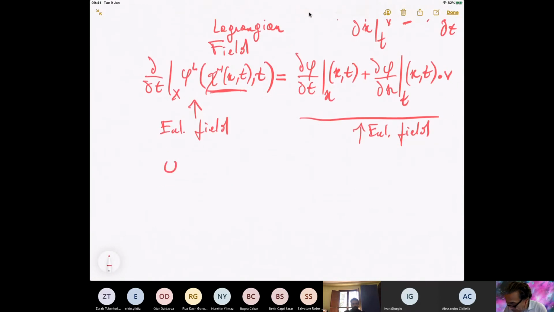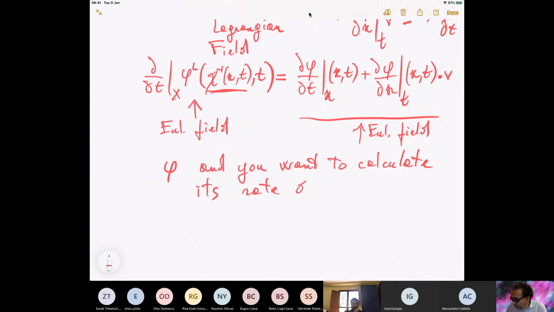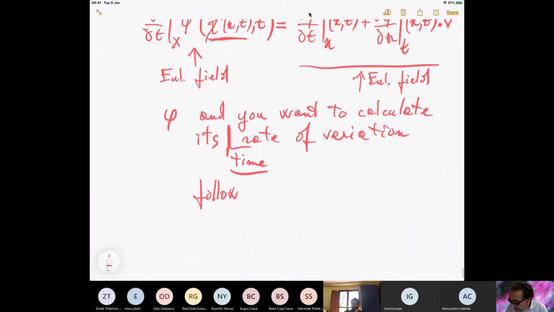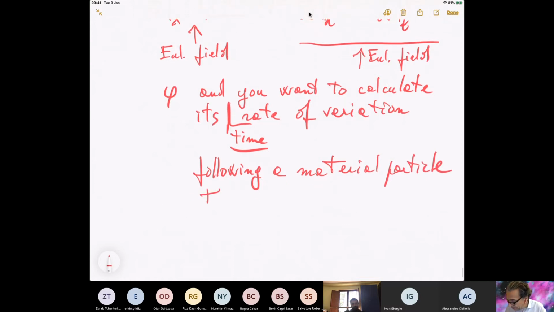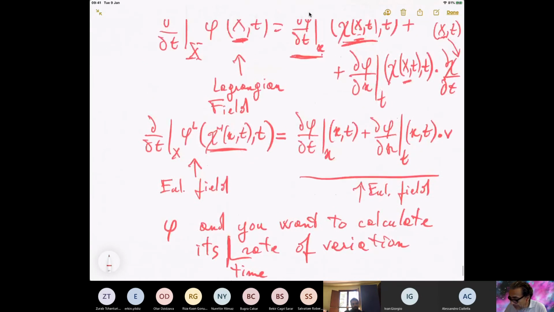So if you have phi and you want to calculate its rate of variation, its time rate of variation, following a material particle, then you must use the definition, this one.